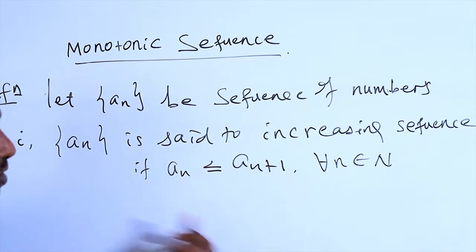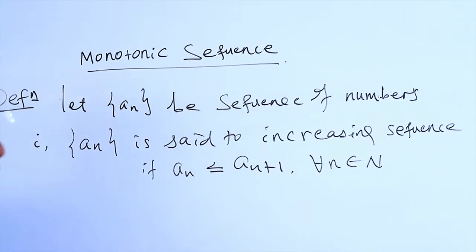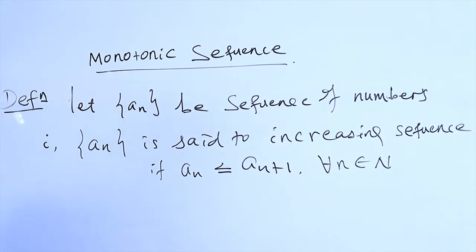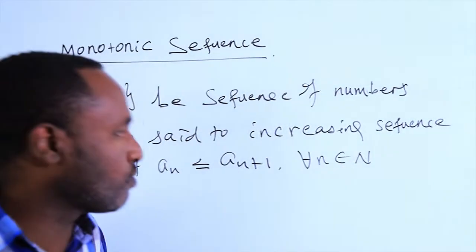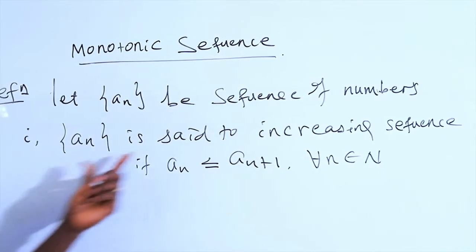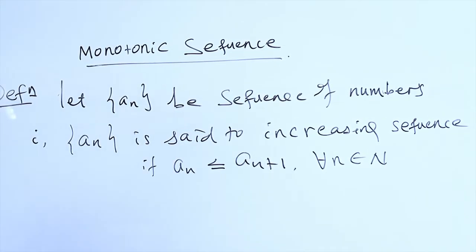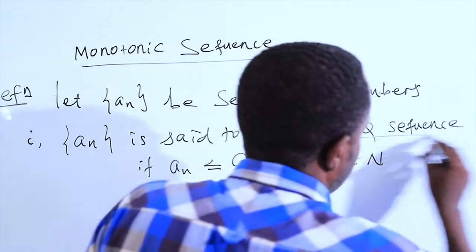If for every n in N, AN is less than or equal to AN plus 1, this works for all n in the set of natural numbers, then the sequence AN is said to be an increasing sequence.